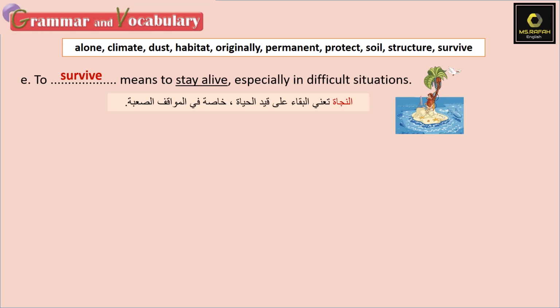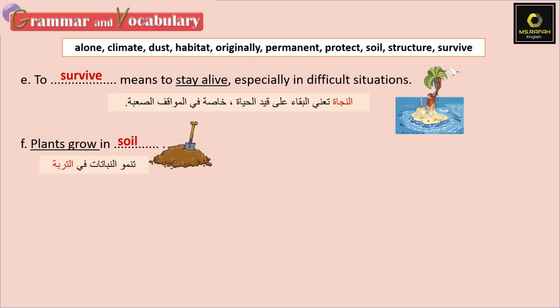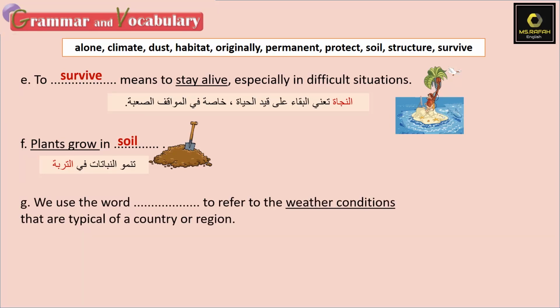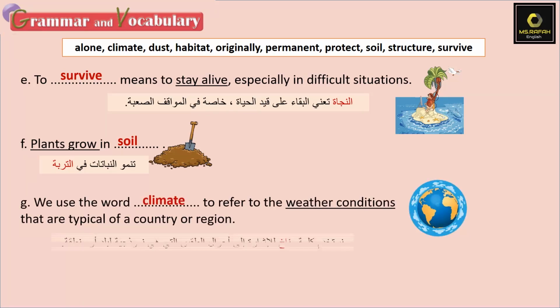Plants grow in soil. We use the word climate to refer to the weather conditions that are typically of a country or region. انتبهوا للكلمات اللي تحت خط لأنها بتساعدكم بمعرفة الجواب.